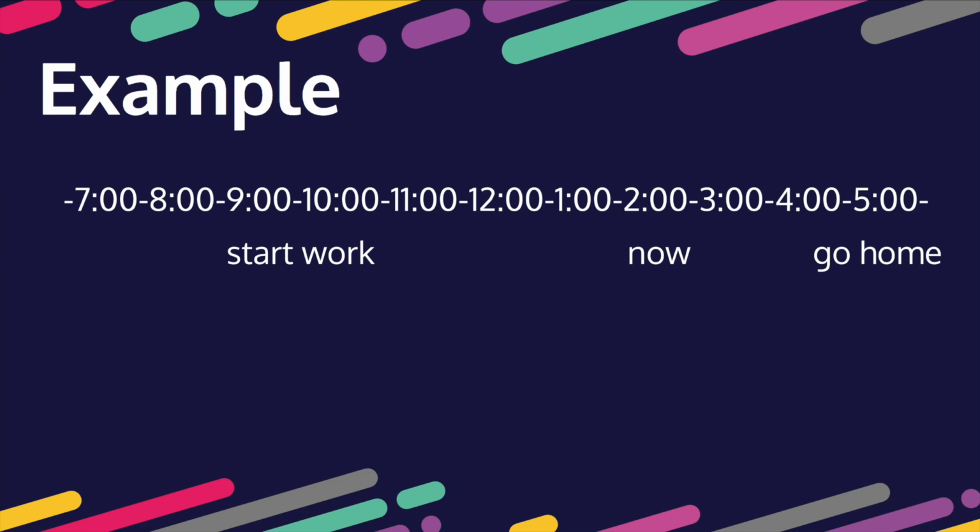First, use by to describe when you start work. Then, use since to describe how long you have been working. And finally, use until to explain when you will stop work. Pause the video, think of your examples, and when you're ready to see some answers, click play.